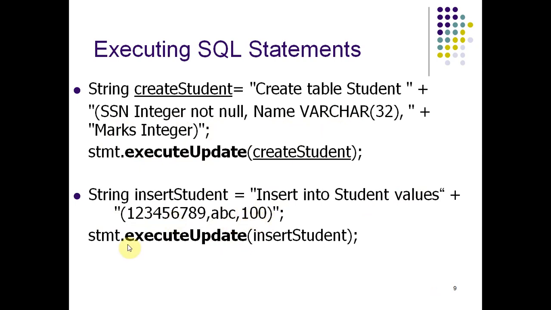When we write the next statement, stmt.executeUpdate, the same statement, the same function will be applied with this statement also. So we have written here insertStudent. This will execute this insert statement, this insert query, with executeUpdate.